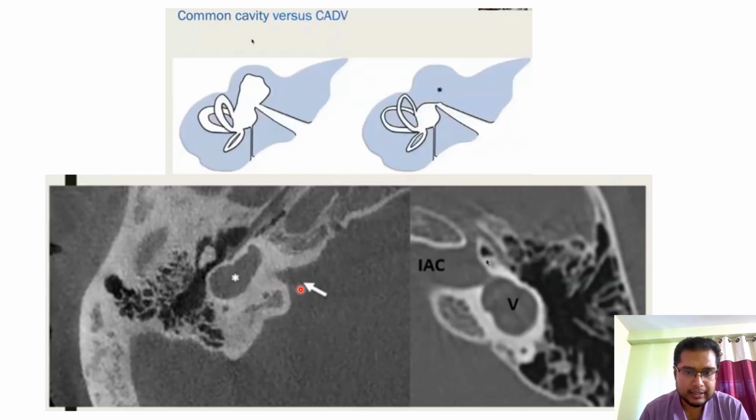As we can see here, this internal acoustic canal is opening in the midway, with anteriorly and posteriorly dilated structures which are communicating. This is a common cavity. While here there is the internal acoustic meatus, and anterior to the internal acoustic canal there is nothing. There is no dilated cavity. Only posterior to it is the dilated cavity present. So this is actually a cochlear aplasia with dilated vestibule.